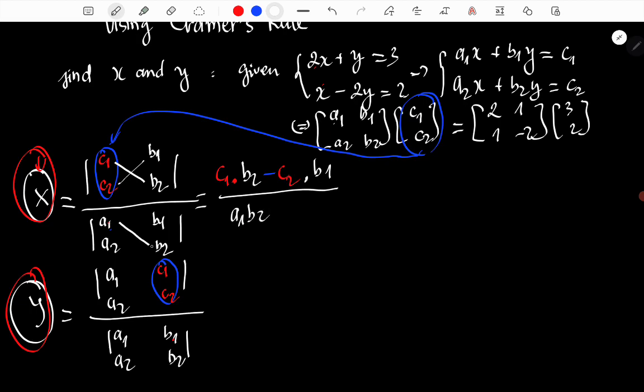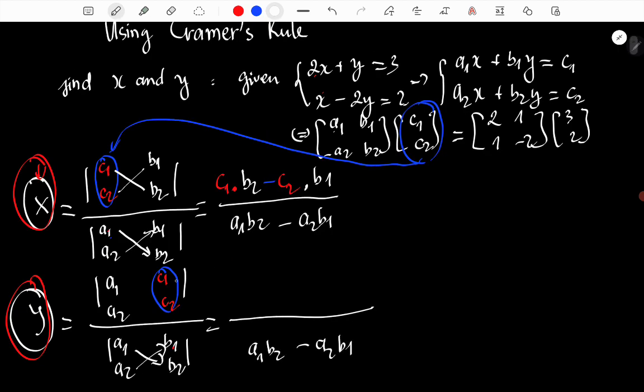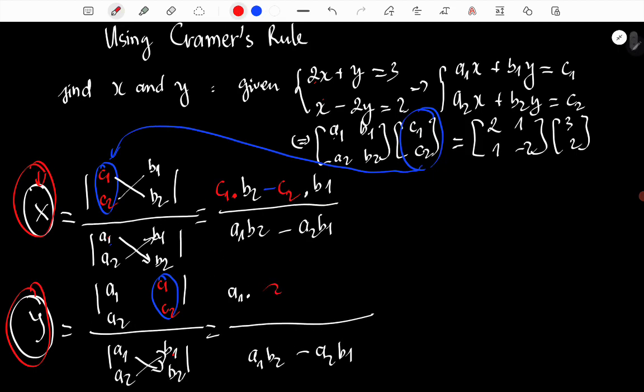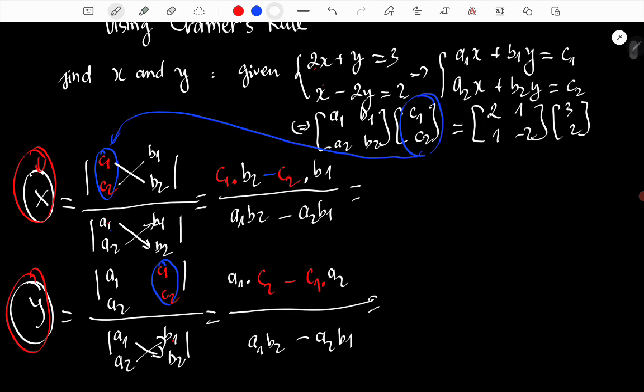So we're going to multiply with this, and then minus this a2 b1. For y, the denominator is exactly the same, so it's a1 b2 minus a2 b1, but for the numerator, it's gonna be a1 times c2 minus c1 times a2.